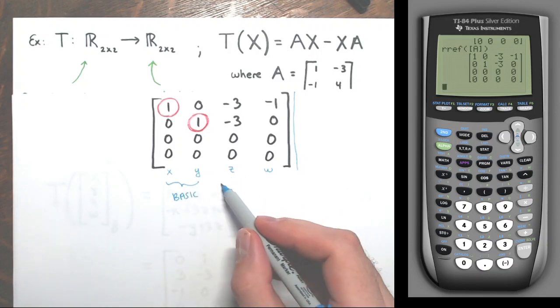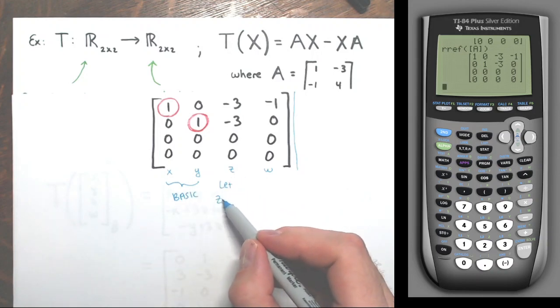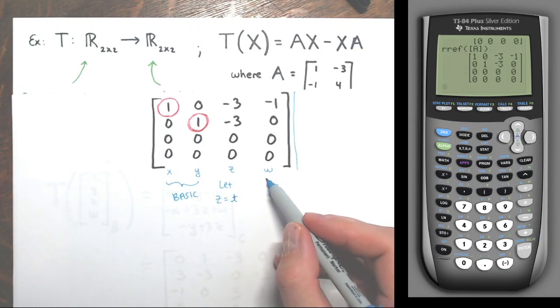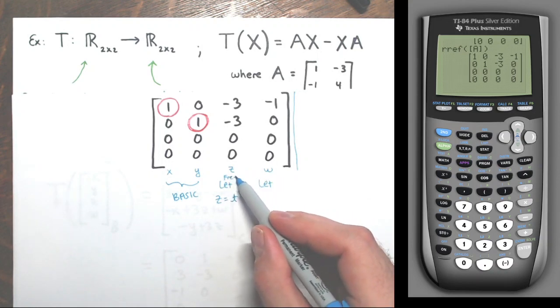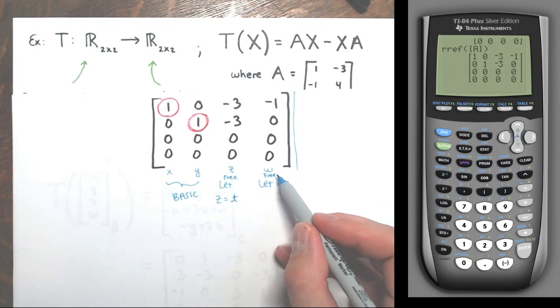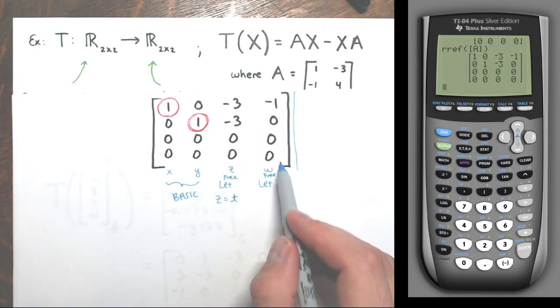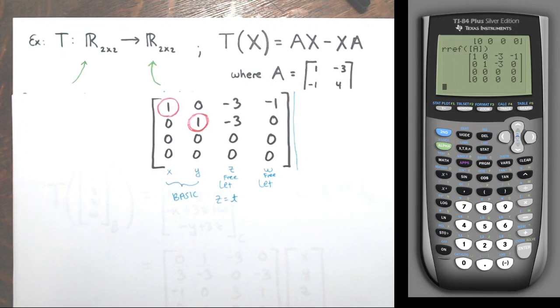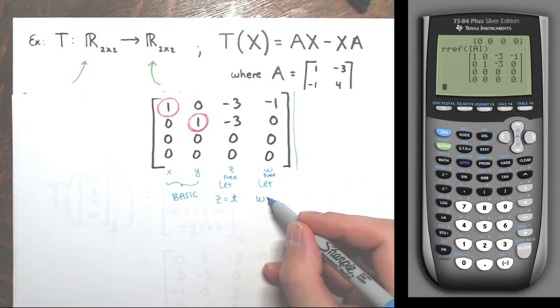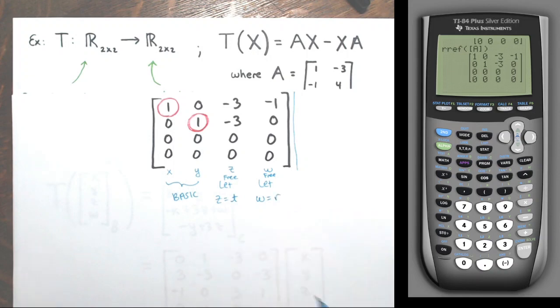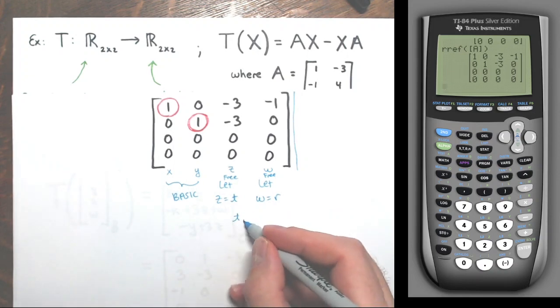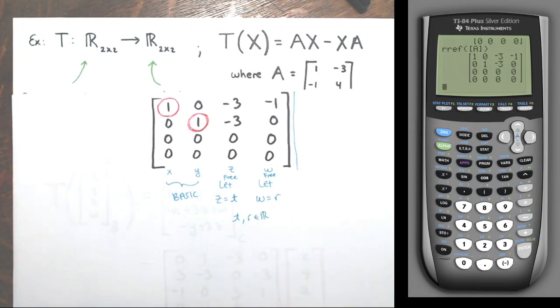And then z, I'm going to replace z with t, and w is free too, because they are in those non-pivot columns. I'm going to replace w with, I don't know, r, whatever, just some other expression that represents real numbers. t and r are just real numbers.